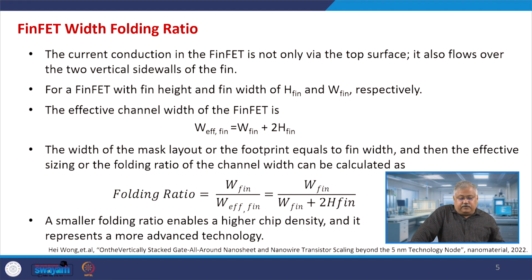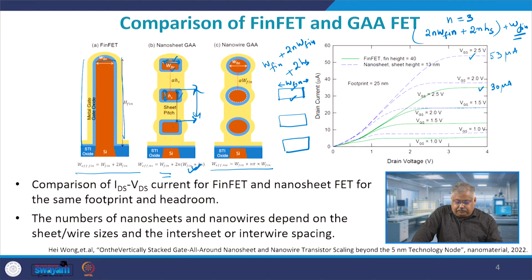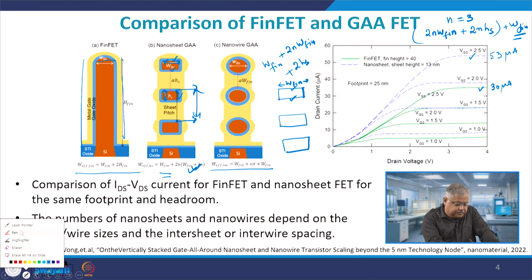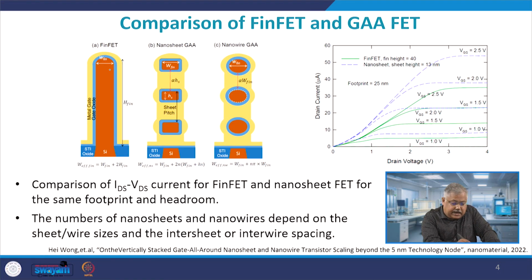Now, let us come to the FinFET width folding ratio. As I discussed with you, the current flowing through the device is not only flowing through the top wall, but it is also flowing through the two vertical side walls of the fin. Let me erase this, and let us look at this particular point here. This is the side wall and this is the top wall.